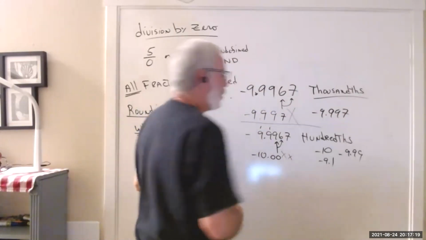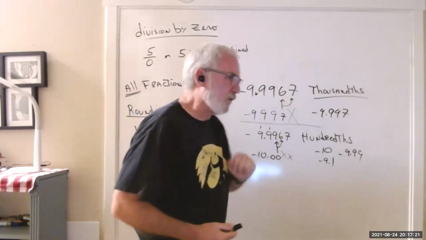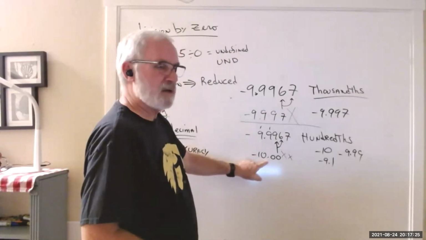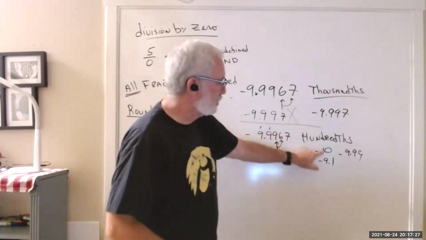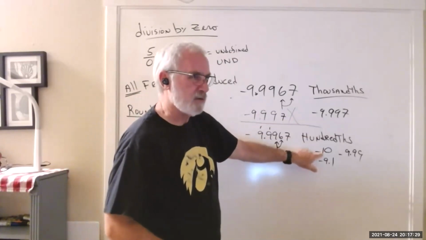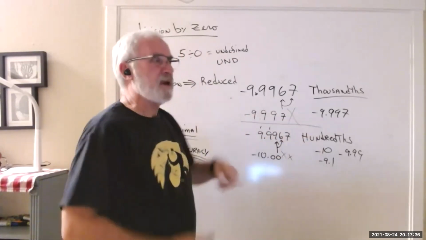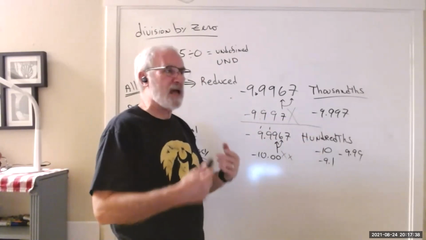The question was, is this the answer, negative 10.00, or is this the answer, negative 10? 10.00. Yeah, 10.00, because rounding implies accuracy.